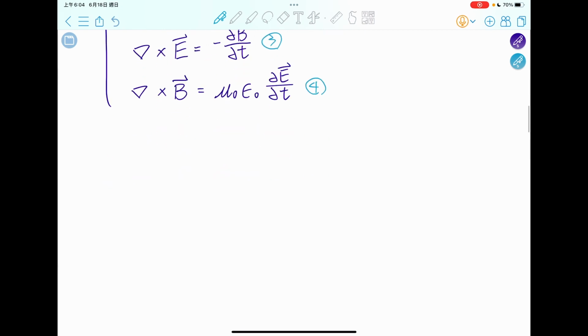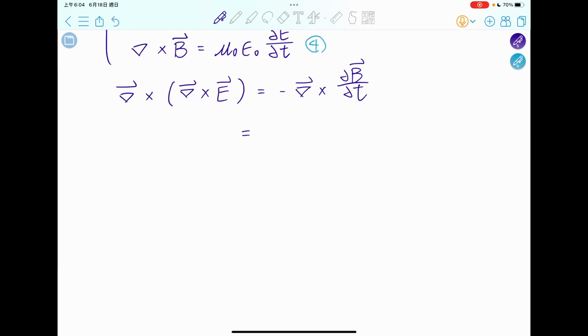For the first step, we take the curl of both sides, and we'll get del cross E equals negative del cross partial B partial t. Here we can change the order of the partial derivative, so we'll get negative partial del cross B with respect to t.